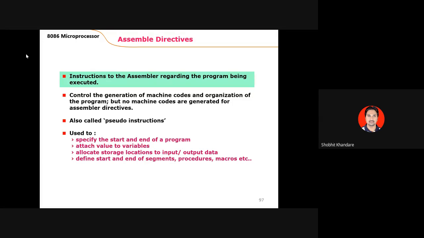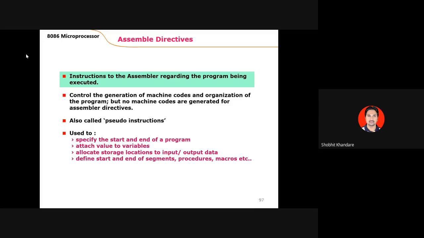Assembler directives are also instructions, but the only difference between assembler directives and pure instructions is that assembler directives will not have an opcode, but they will give some instruction regarding the program.